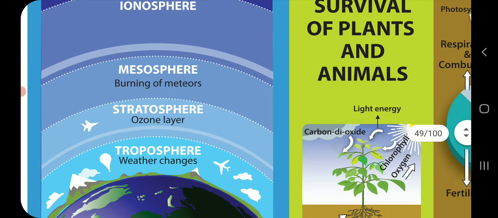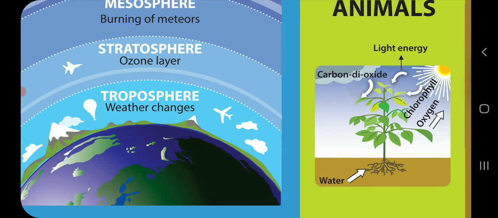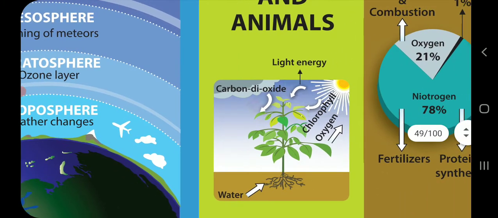This troposphere is the important place, about 12 to 18 kilometers. It is covered with air; this first layer contains the air.